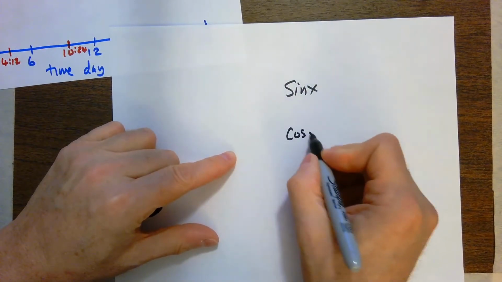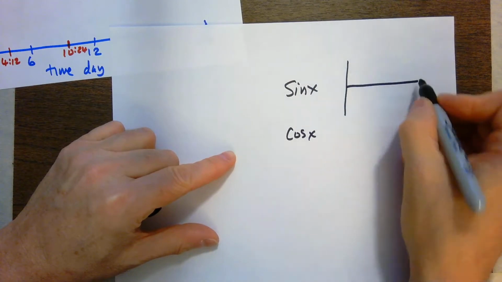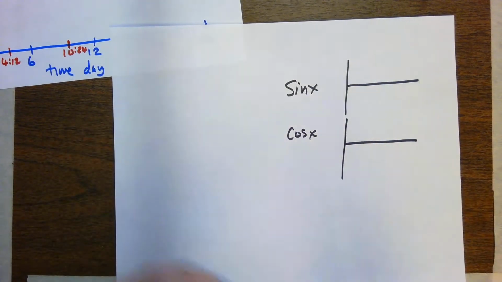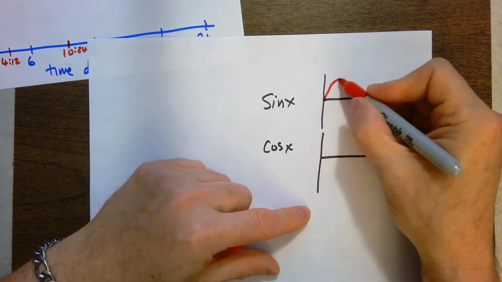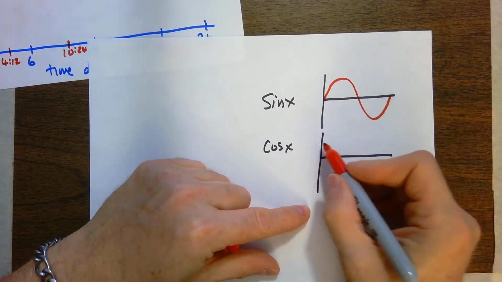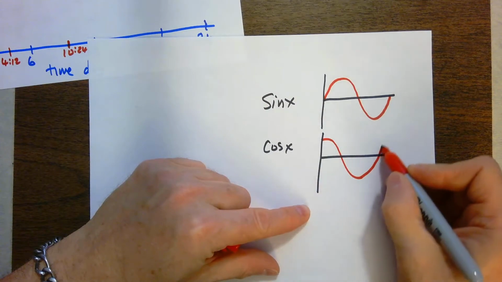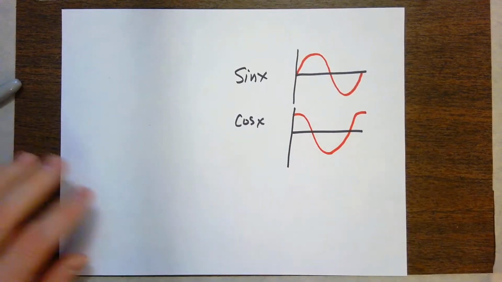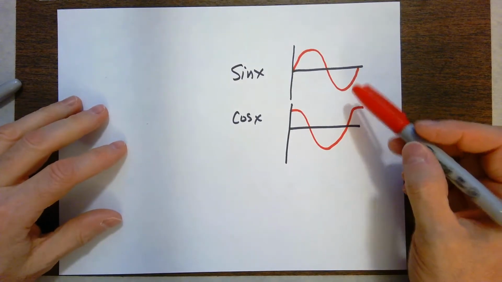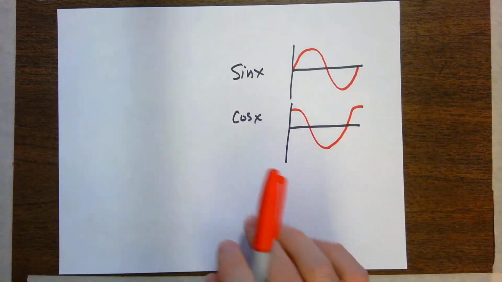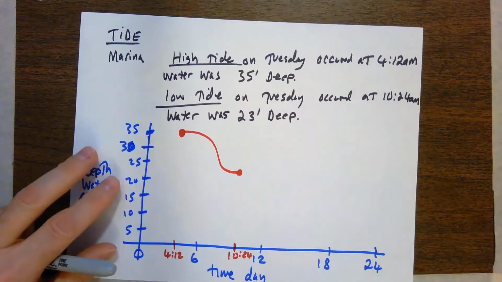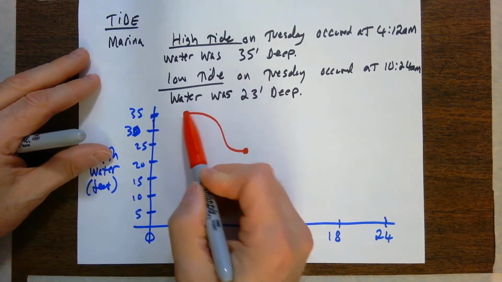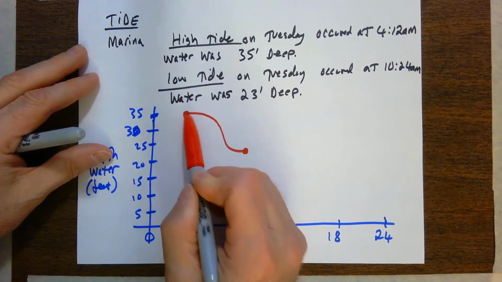When I talk about sine and cosine, we should recognize sine starts at the center line going up. Cosine starts at the maximum going down. Whenever you think of sine and cosine, we should automatically think about these. And here, I know where my maximum part is going down. So I'm going to write this in terms of cosine.